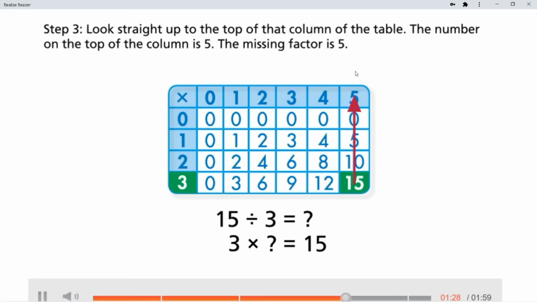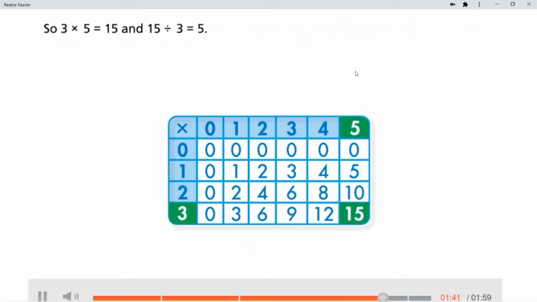Step 3. Look straight up to the top of that column of the table. The number on the top of the column is 5. The missing factor is 5. So, 3 times 5 is equal to 15. And 15 divided by 3 is equal to 5.